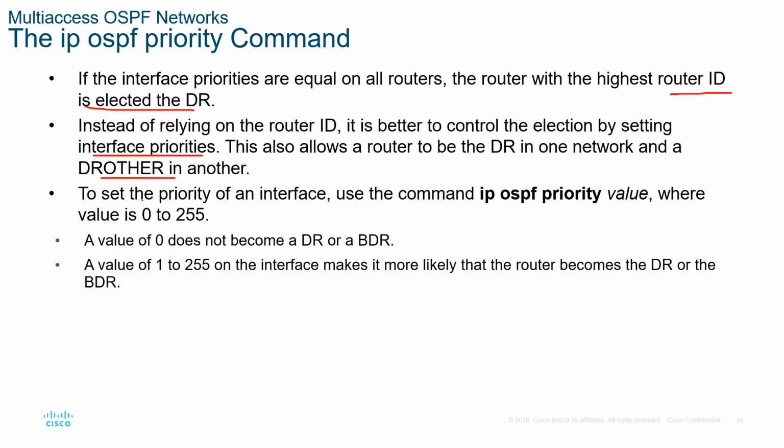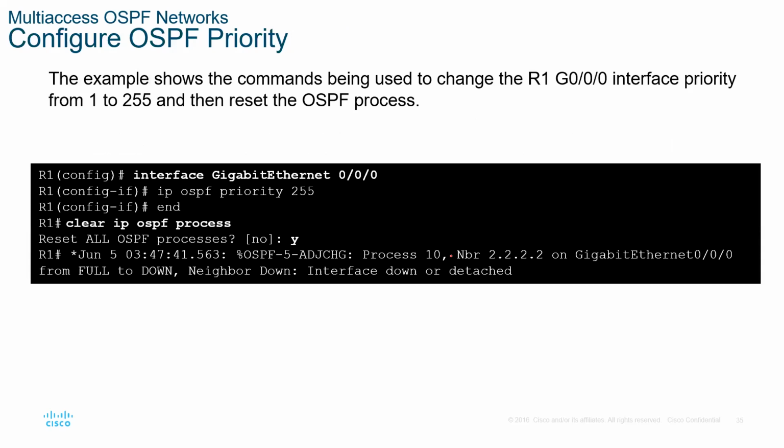To set the priority of an interface, you just use the command ip ospf priority, then the priority value. It can be anything between 0 to 255. Once you set it to 0, it means that it is not going to participate in the election. But between 1 to 255, it can participate.